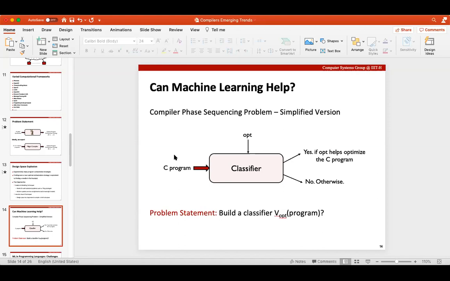But the problem in applying machine learning based approaches in the context of compilers is this. In the context of computer vision, there is a natural input: an image, and you give the raw image to a CNN.